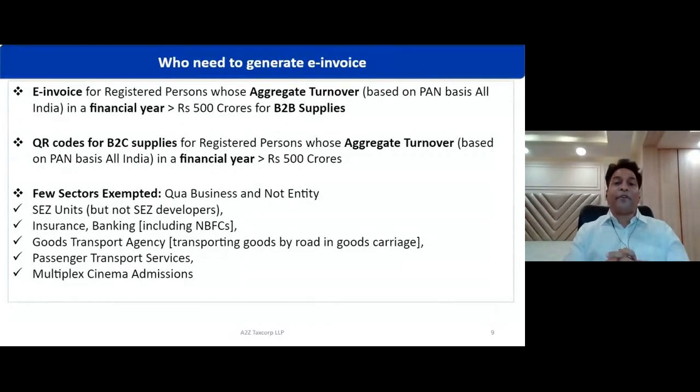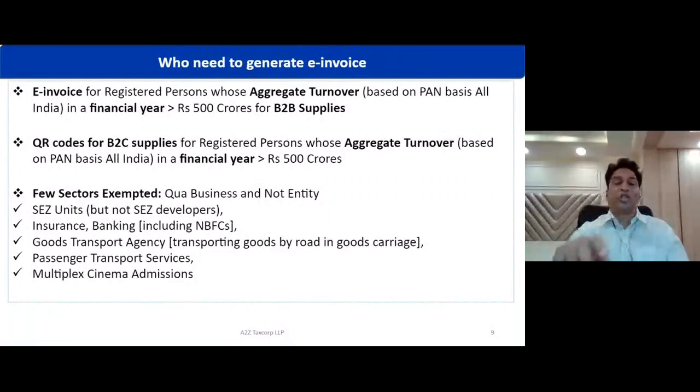What is your answer? Let me see in the chat box. Do I need to follow the e-invoicing provision? The answers given by Neeraj, Anup, Suryam, and Rajalakshmi say yes, applicable.